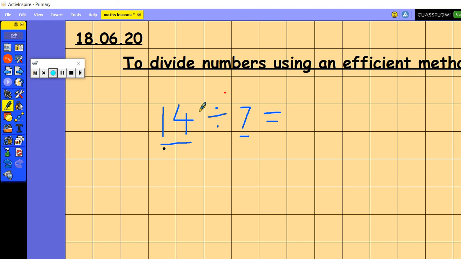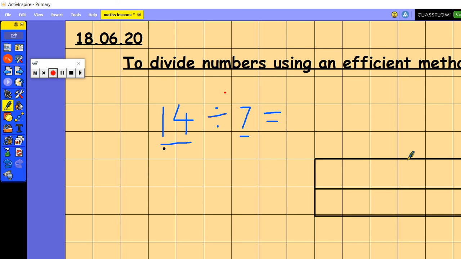Now, the easiest way to do this is to use a bar model. So let's very quickly draw our bar model. Because we are sharing by 7, we need a bar model that goes across for 7. So 1, 2, 3, 4, 5, 6, 7. And then the bottom goes along for 7 as well. We need to put the sides going up for 2, and then remember, we need to split our bar in half across the middle.